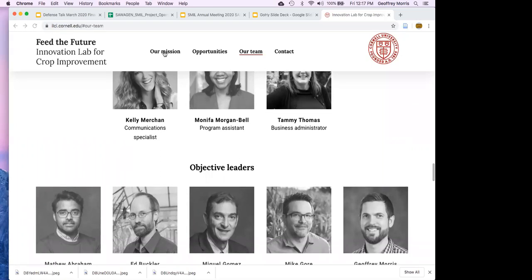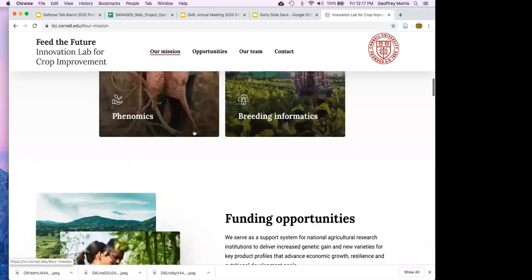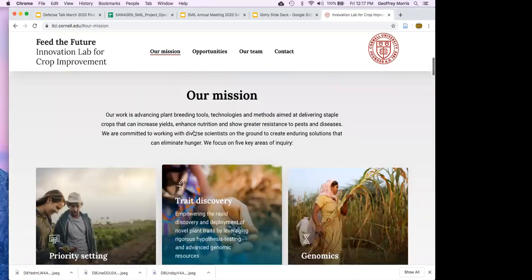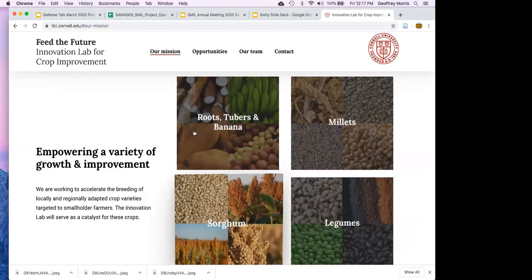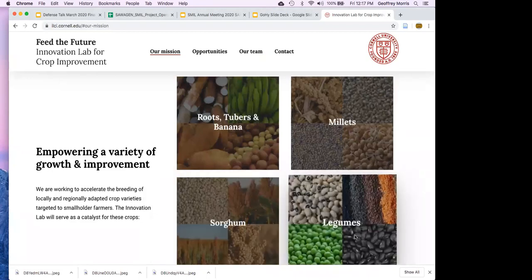And this lab cuts across roots, tubers, bananas, millet, sorghum, and legumes, so basically all legumes other than peanut and soybean. So we have a lot of opportunity to scale up.